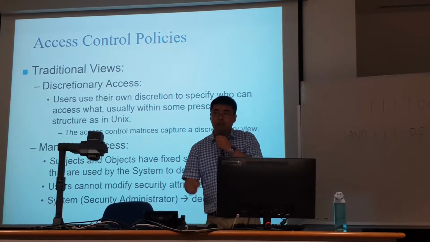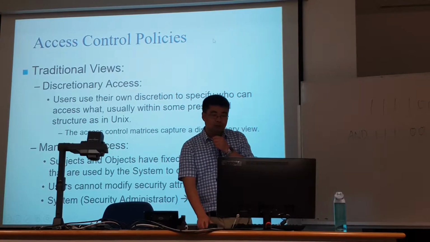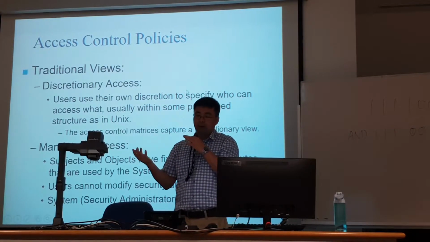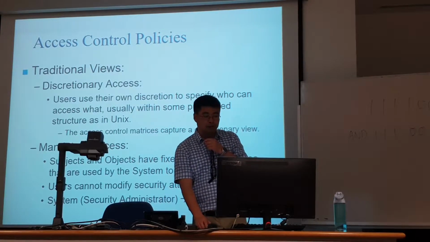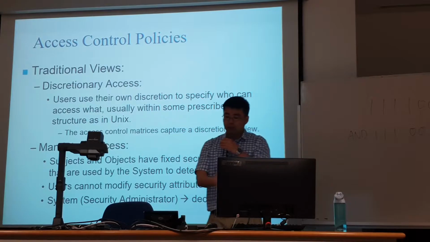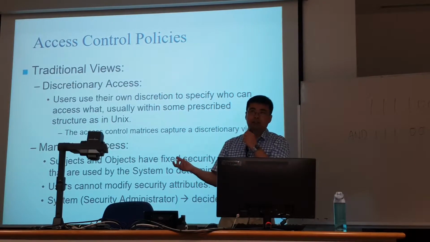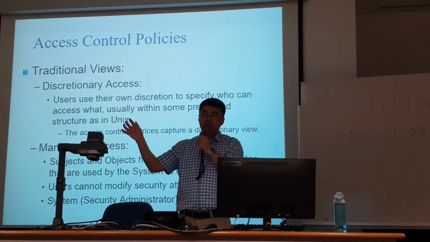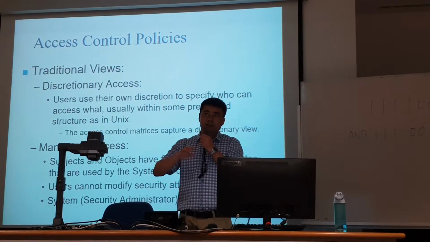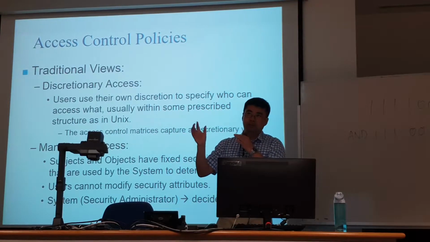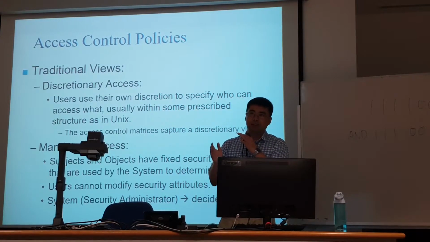Although you are the owner and you create the file, you can also specify who can access this file, but on top of that, we will also have mandatory access control. For example, if a user can only access confidential information, then even if the owner of the top secret file wants to grant the access, the user still cannot access it because the system will deny this access.